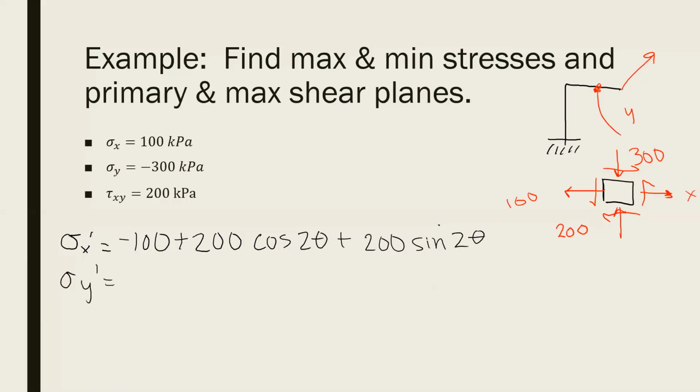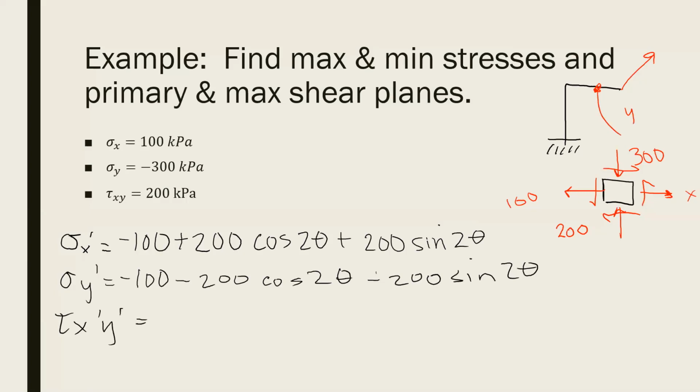For sigma y prime, we have the average, which is negative 100. But now we have the same equation, except we're going to have negative signs. So we have negative 200 cosine 2 theta minus 200 sine 2 theta. Now for tau x prime y prime, I don't remember which term is which. Both of these are equal to 200.